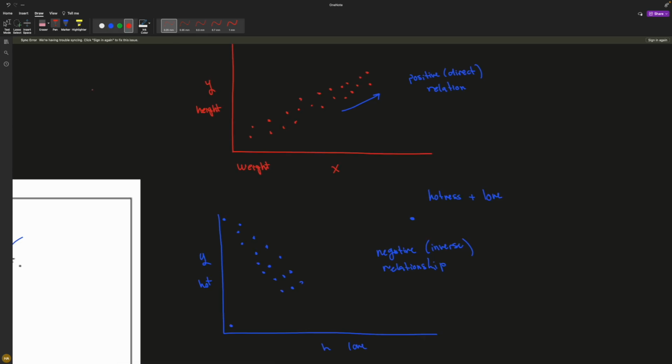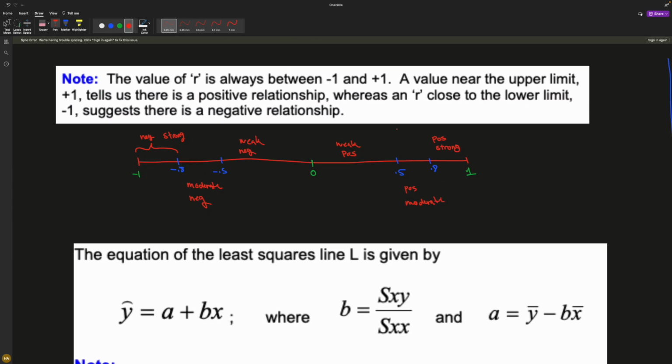If I made a graph here and my points were like this, you see they're very spread out. If you do the line of best fit, it would be here. They're very spread out, so maybe this is moderate.